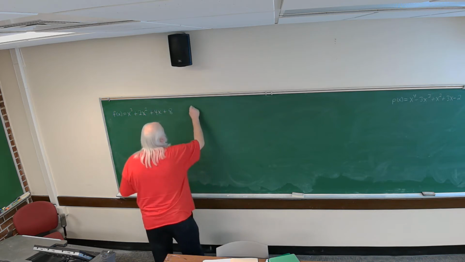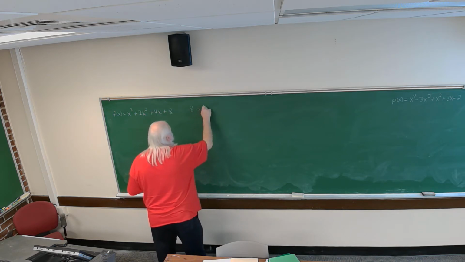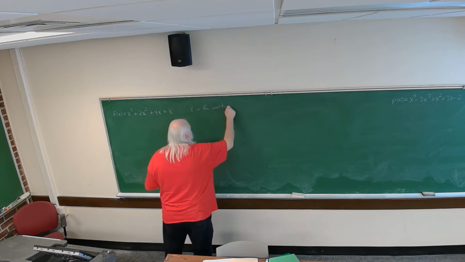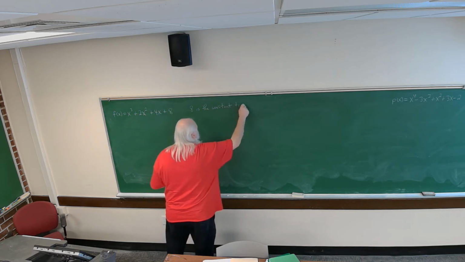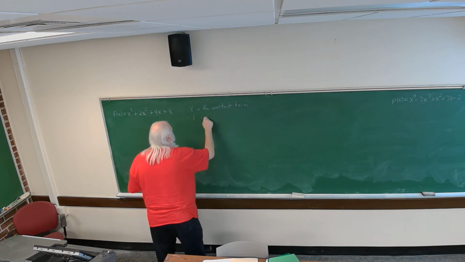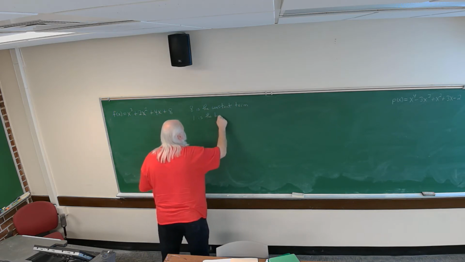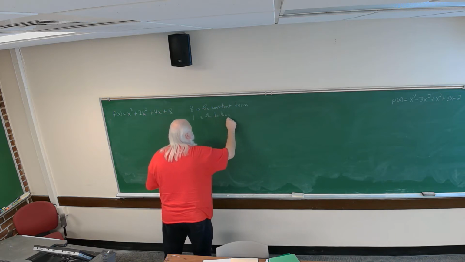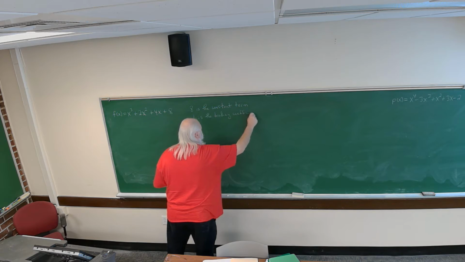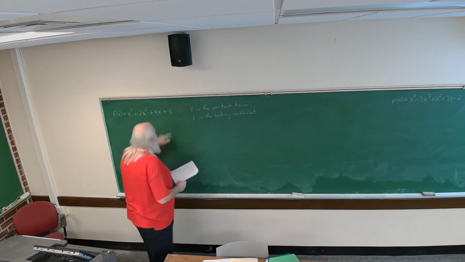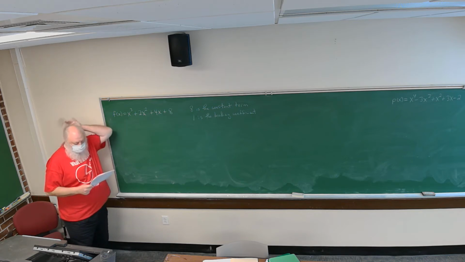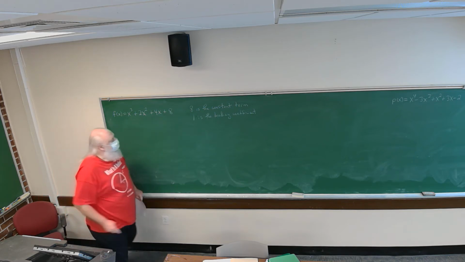So 8 is the constant term. And 1 is the leading coefficient. Okay? 8 is constant term, and the invisible 1 in front of the x cubed is the leading coefficient.